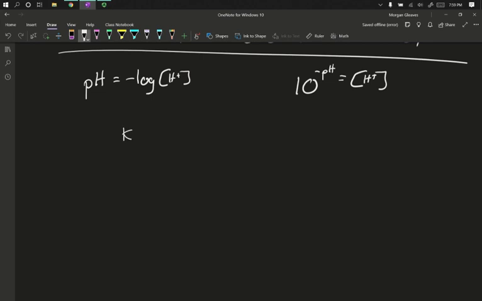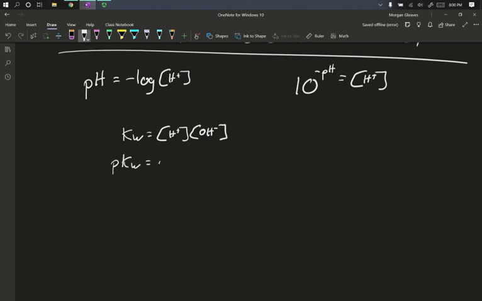Additionally, remember that Kw was equal to your H plus concentration times your OH minus concentration. If we take negative logs of all these things, the pKw is equal to the pH plus the pOH. So this is one of our log relations.